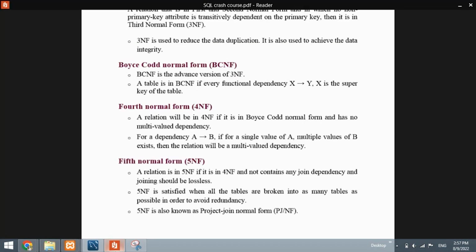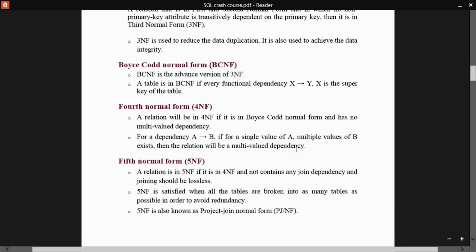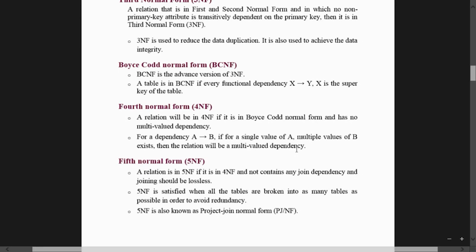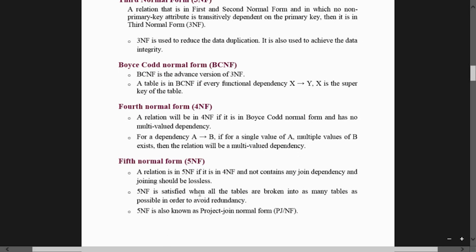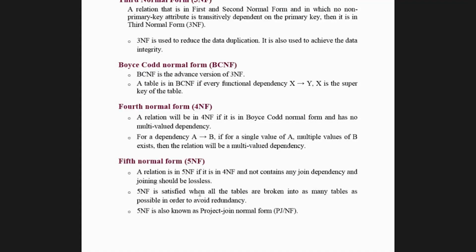Let's move ahead with the 5NF form. A relation is in 5NF if it is in 4NF and does not contain any join dependency, and joining should be lossless. 5NF is satisfied when all the tables are broken into as many tables as possible in order to avoid redundancy. For example, suppose you have a table with subject, lecturer, and semester.